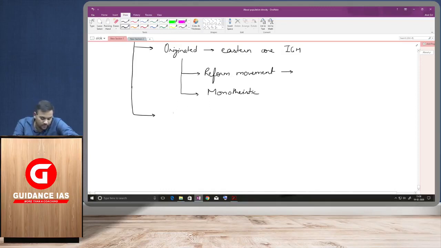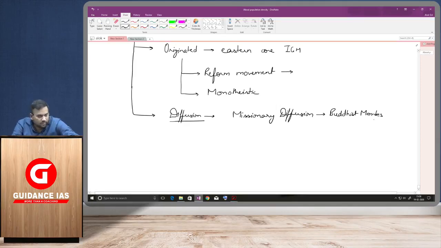The diffusion of this religion started with the missionary diffusion process, where it was the Buddhist monks who went to several places and spread the message of Buddha and Buddhism.